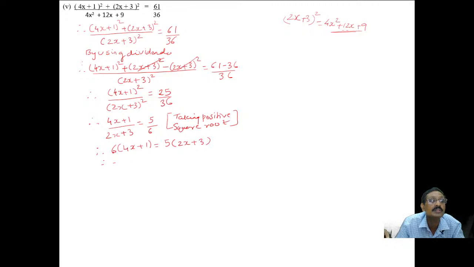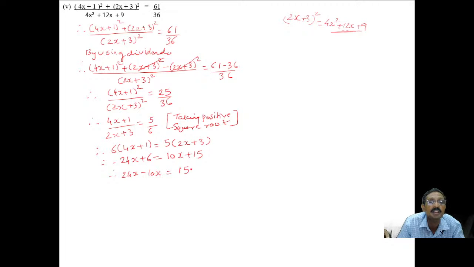Therefore, this 6 is multiplied by each and every term. 24x plus 6 is equal to, now this 5 is multiplied by each and every term, 10x plus 15. Very carefully. Therefore, 24x, bring this 10x that side, minus 10x, which is equal to 15.